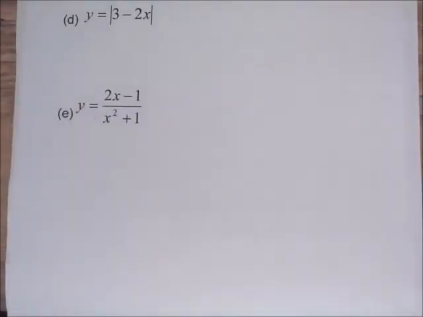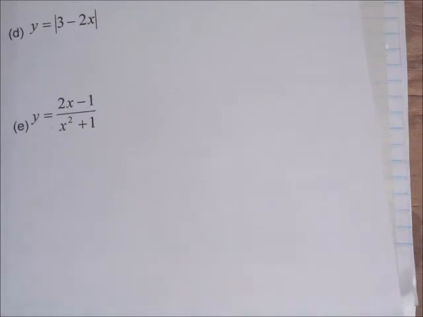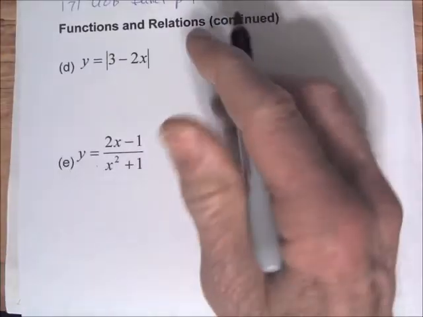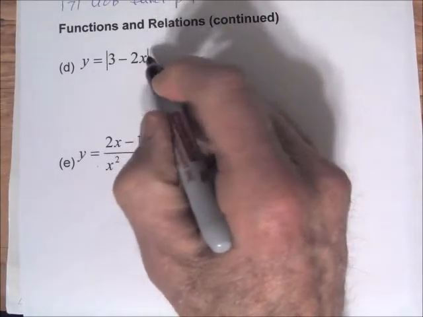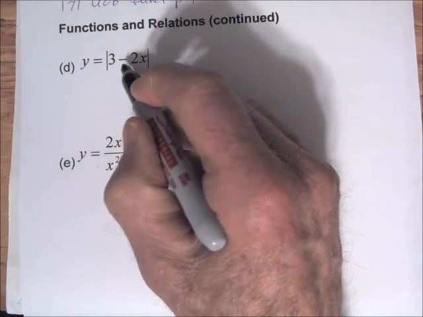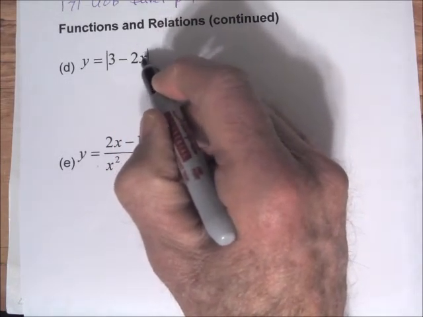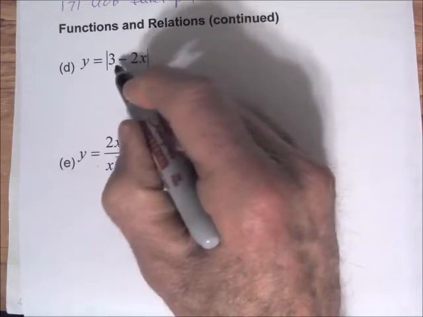Okay, some more examples. There's no restriction on the domain for function d. I mean relation d. Negative 2 times any real number is going to be a real number. 3 added to any real number is a real number.